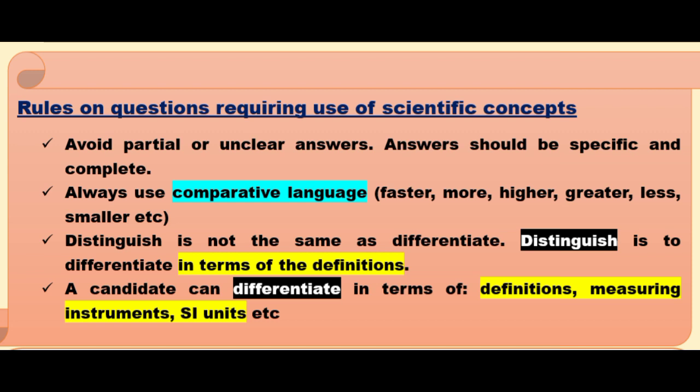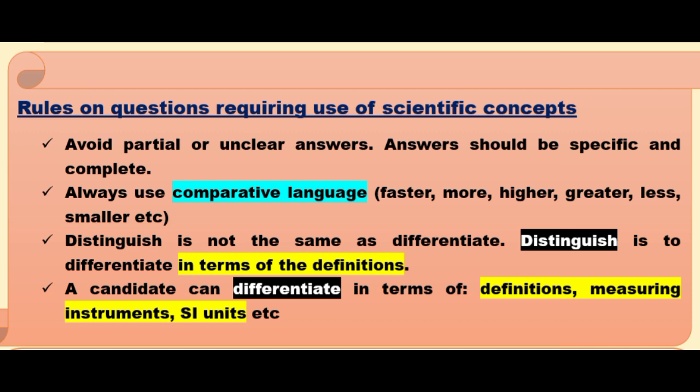You get another mark. S, SI unit. SI unit of mass is kilogram, while SI unit of weight is Newton. You get the third mark. So what we are saying, differentiating can be in terms of DIS: definition, measuring instrument, and SI unit.